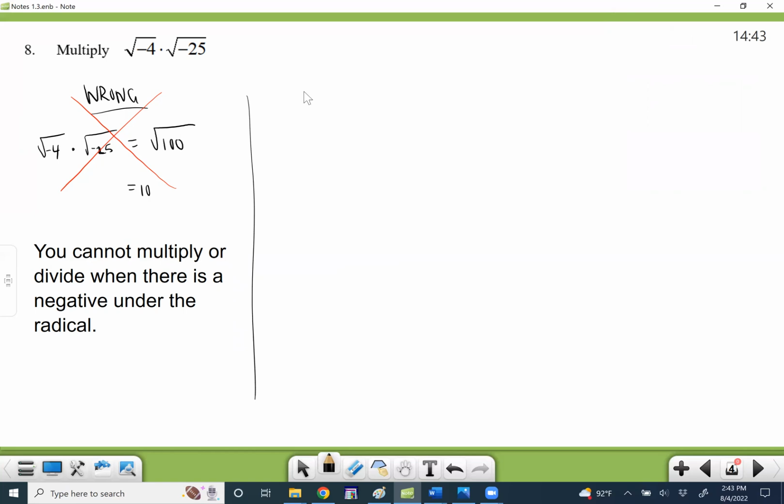Okay, so let's go in and do the correct way of doing this. Pull the i's out and make the roots positive.